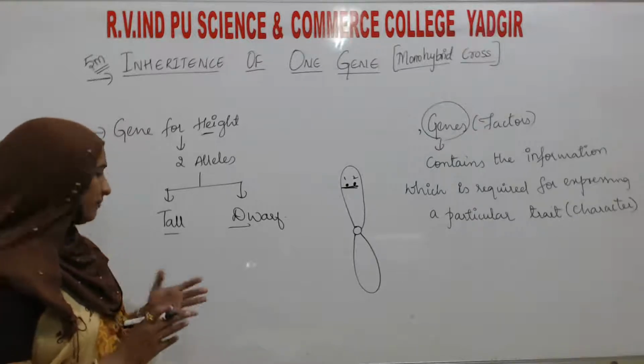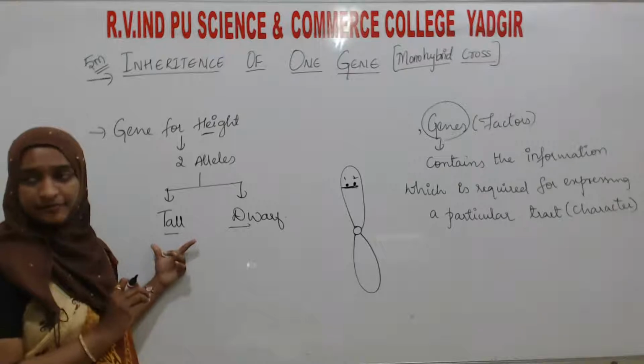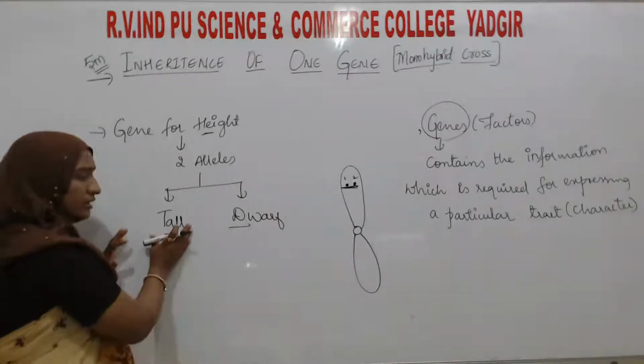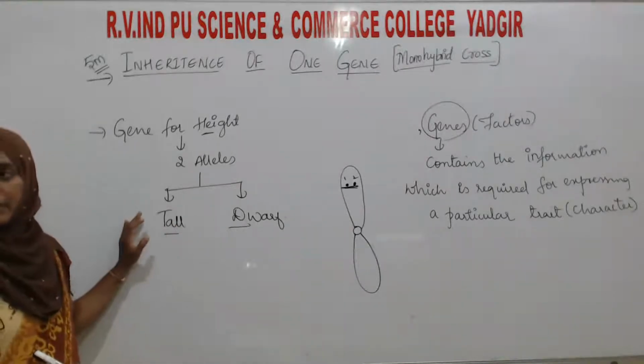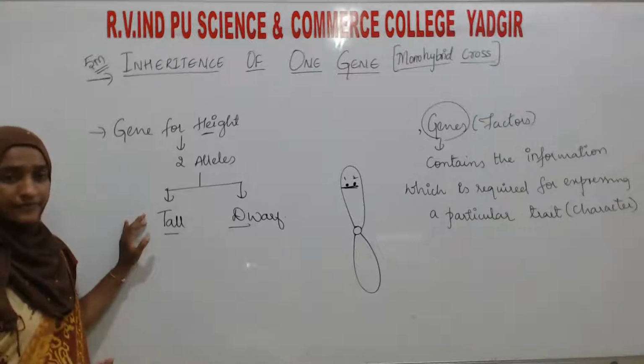So how can we represent this? First of all, tall is the dominant character or dominant allele.